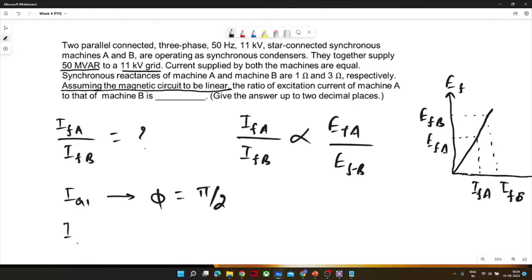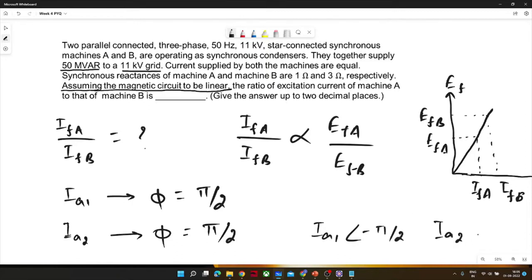Here, apparent power is equal to reactive power, as rightly pointed out. So IA2 would also be pi by 2 lagging. So we can say IA1 angle minus pi by 2 and IA2 also angle minus pi by 2.